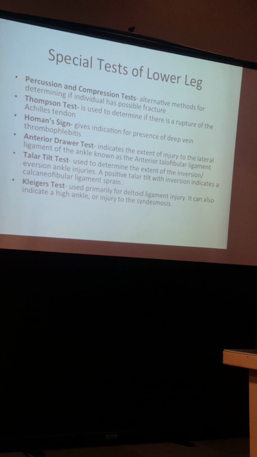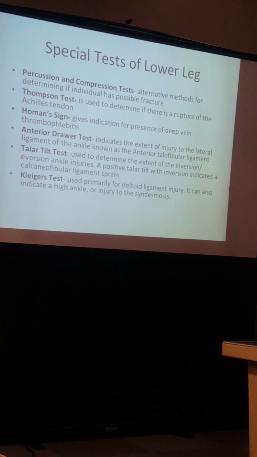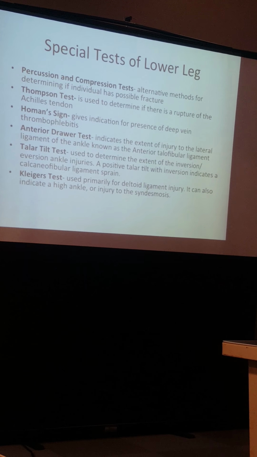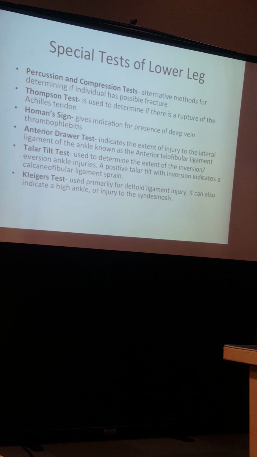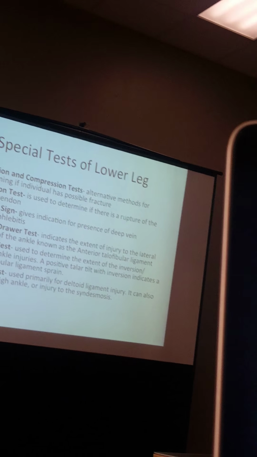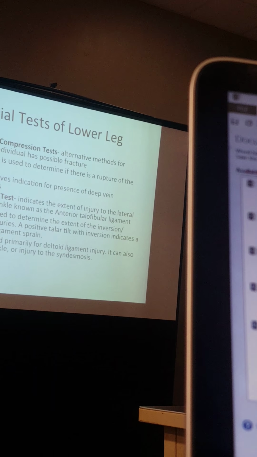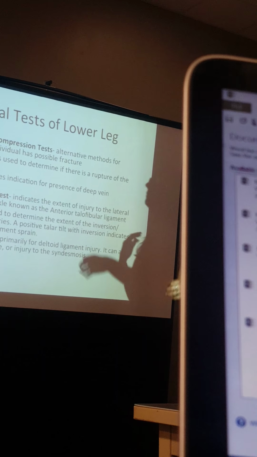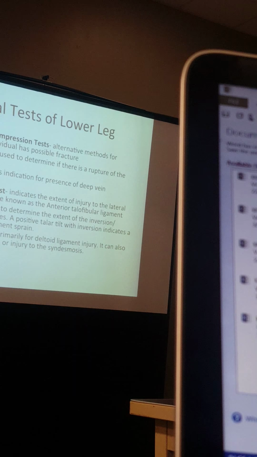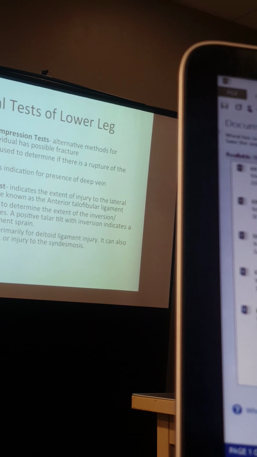Inversion is not one of the primary movements, but you have the anterior tibialis and the posterior tibialis working to do some inversion as well. Mainly, I just want you to know the compartments. So inversion is an accessory movement from the posterior tib and the anterior tib.